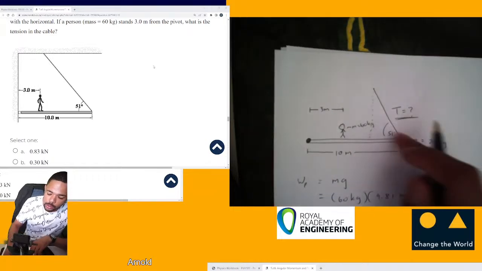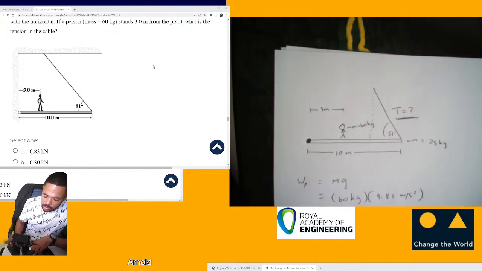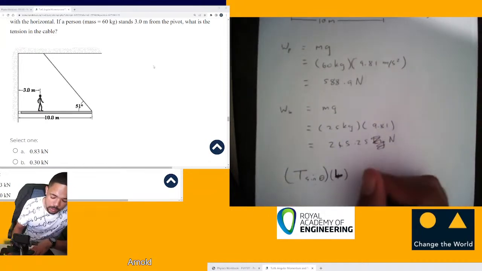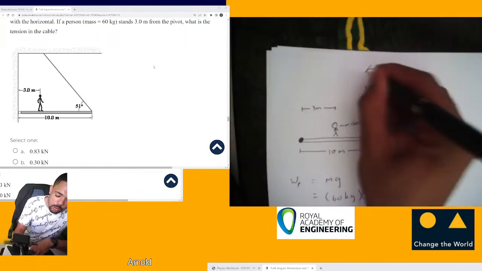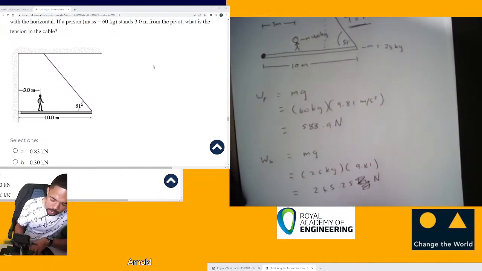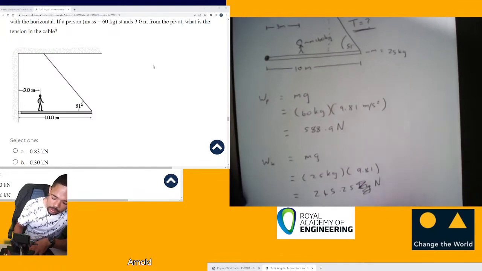The force of tension is pulling this beam upwards. So the vertical component of this tension is T sine theta times the length of the beam, which I have denoted as L. I choose the counterclockwise direction as positive, so everything else is negative: the weight of the person times the distance where the person is standing gives a negative torque, and the beam also has a negative torque.